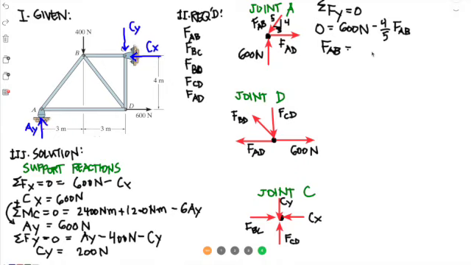That is 750. So FAB is 750. We have a positive value, so it means we have a correct assumption. Our assumption for FAB is that it's compressing A, so it's a compressive force.